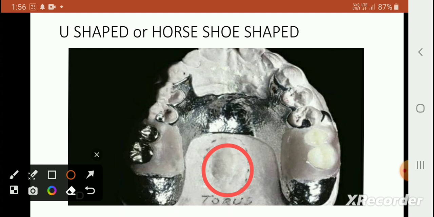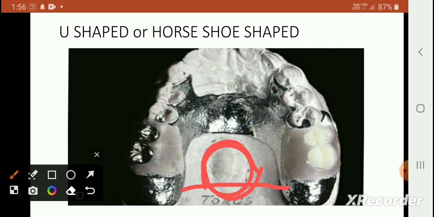And if the inoperable tori is extending to the posterior limit of the hard palate, then we consider this arrangement.